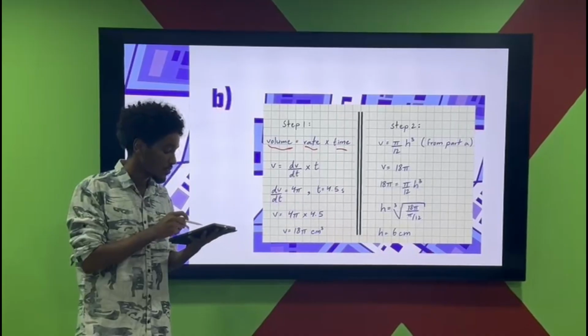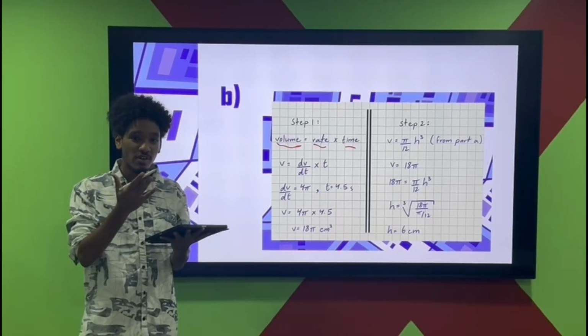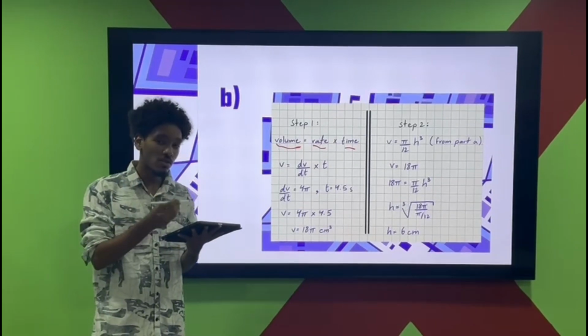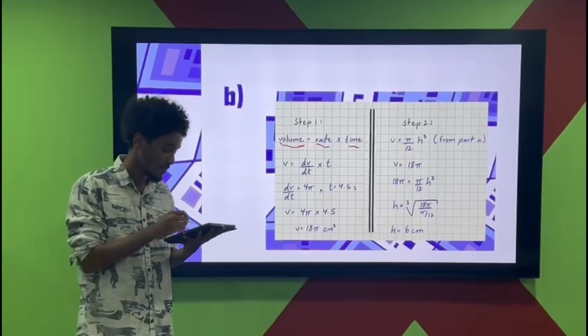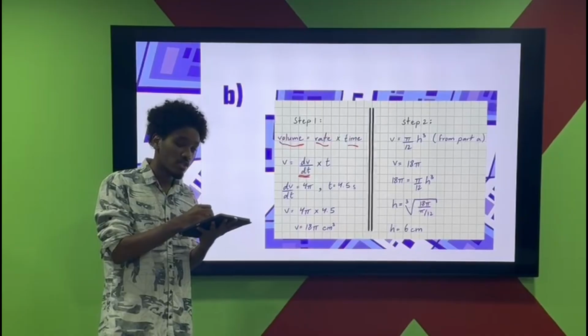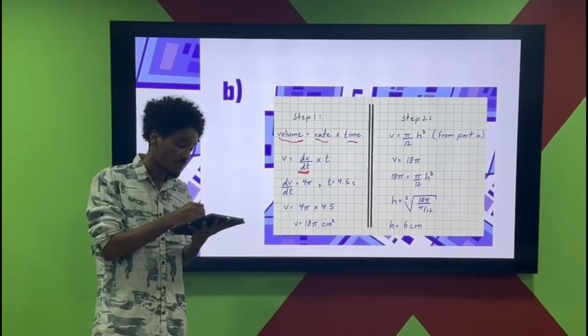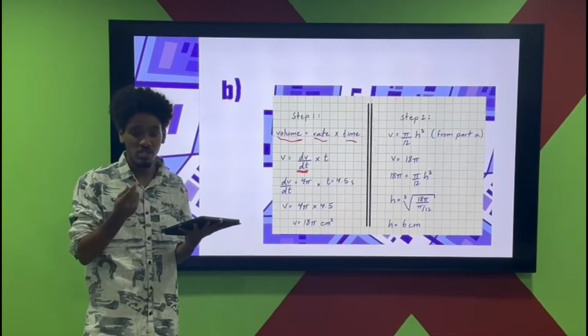So in the previous question, my group mate Yaqut talked about the rate being equal to dV over dt, as you can see here. So we just substitute dV over dt with the rate to get V is equal to dV over dt multiplied by t, which is time.